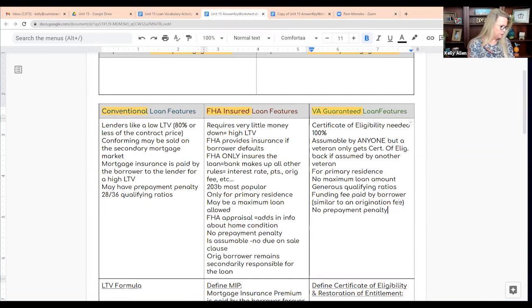What else? Okay. When the home is appraised, the home receives a CRV instead of an appraisal, and that stands for Certificate of Reasonable Value.